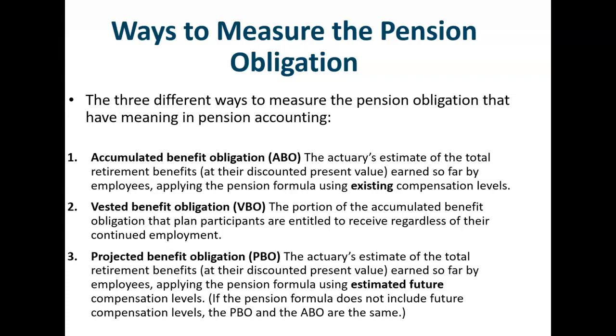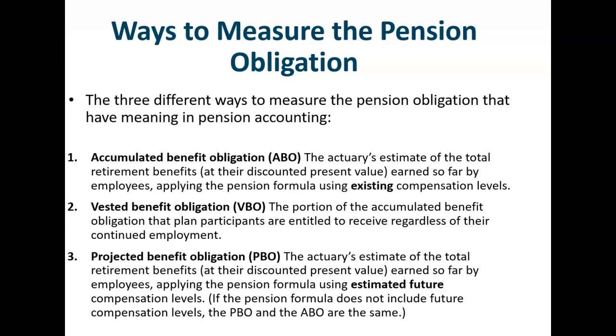Number 3, the projected benefit obligation, PBO, is the actuary's estimate of the total retirement benefits earned so far by employees at their discounted present value, calculated by applying the pension formula using estimated future compensation levels.